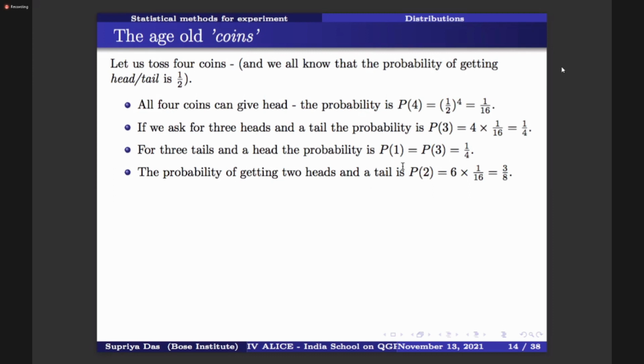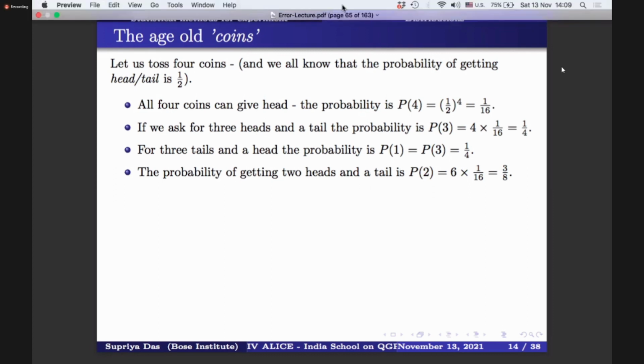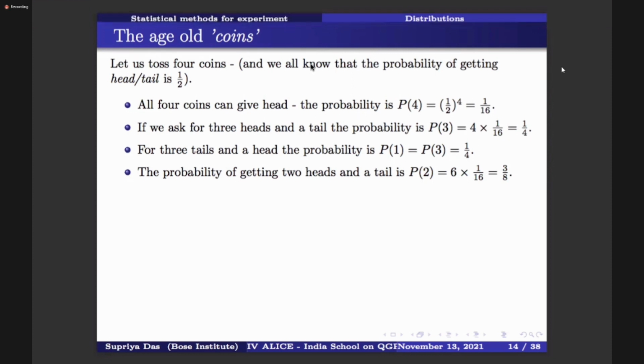There's a mistake here on the slide, sorry. Yes, this is two heads and two tails. Just correct this here; I'll correct it in the lecture note later on.